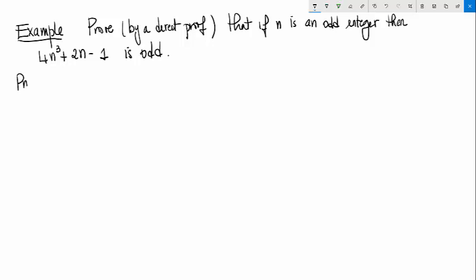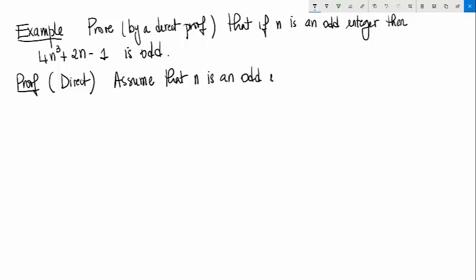So to approach this with the direct proof, we'll start by assuming our hypothesis. Assume that n is an odd integer, and we would like to connect this assumption to our conclusion, which is 4n cubed plus 2n minus 1 is odd. Well, the fact that n is an odd integer means the following.